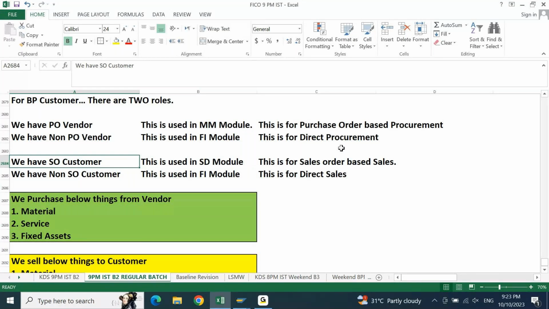then it will be easy for us to understand what is AP, what is AR. Otherwise, the config is very simple. It will be hardly 15 minutes to complete the accounts payable basic config, another 15 minutes to complete the accounts receivable config. And then you can create a business partner, create a customer and vendor, post a transaction, and it will be over.